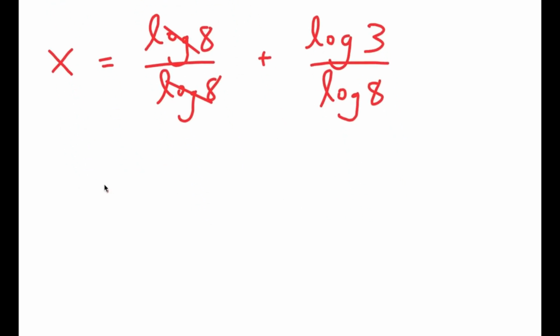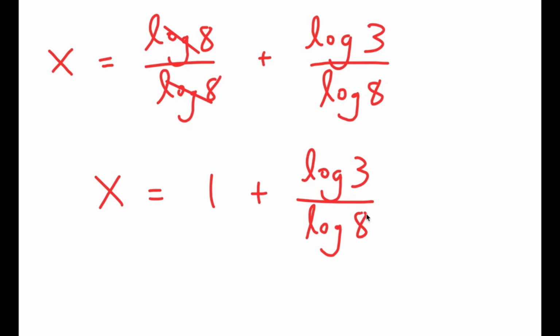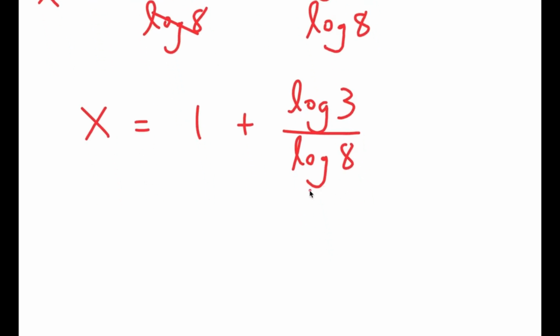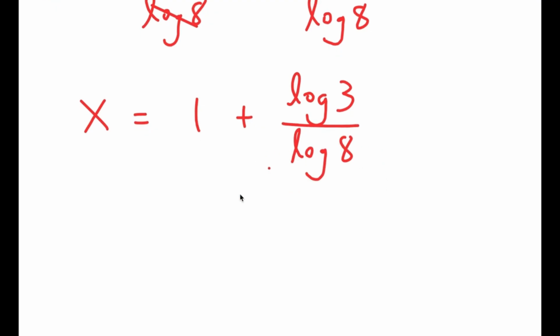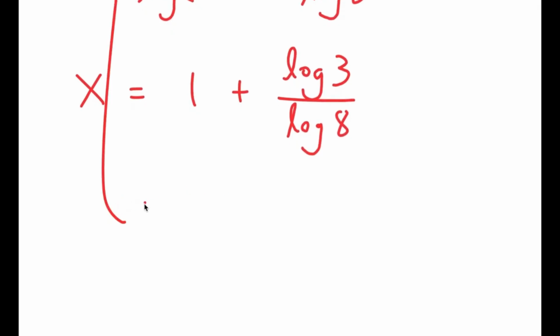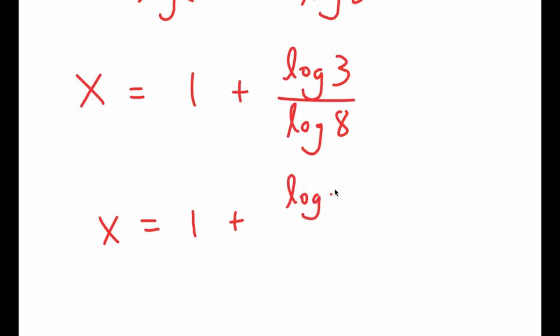So these two cancel out, and I get x is equal to 1 plus log 3 over log 8. Now, log of 8, I'm going to rewrite that as log of 2 to the power of 3.